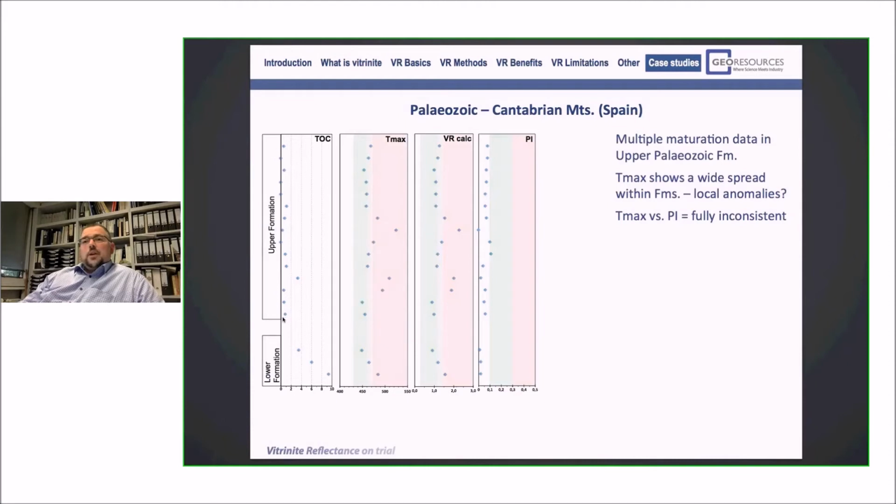These are not two sections, but two formations sampled in different sections. We see quite a big spread in the Tmax and also in this calculated vitrinite reflectance, which is not available here in the production index, showing again this misfit between production index and other maturation data.